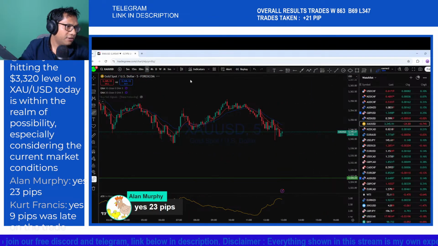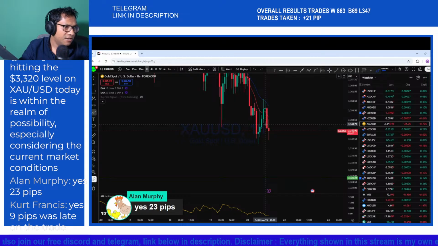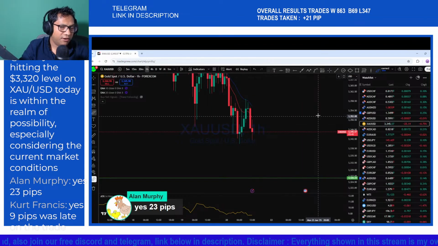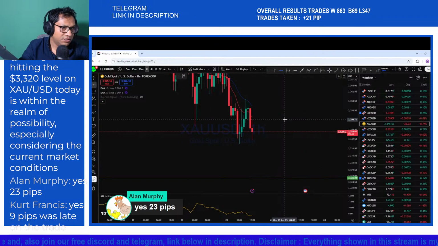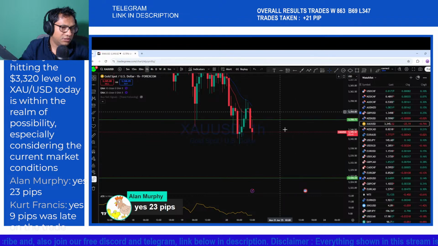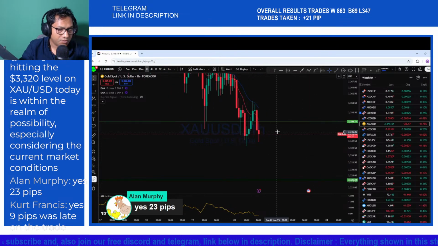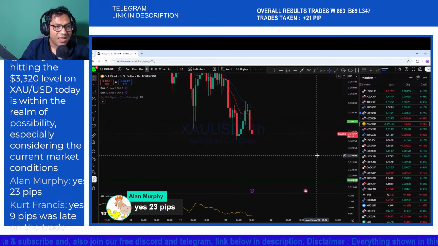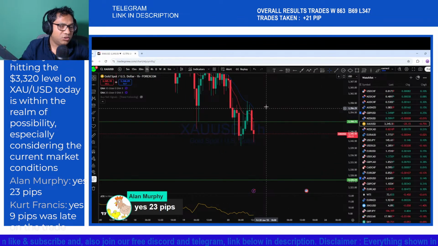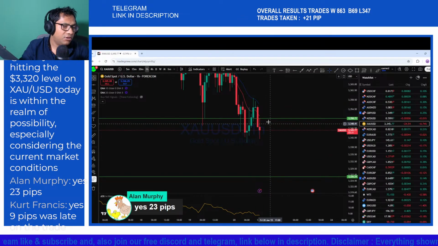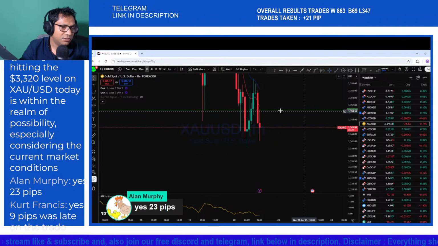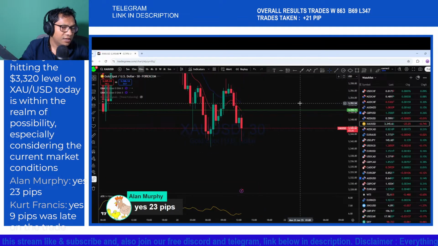Okay, so if you look at this, you can see that this is the 1 hour chart where there is 1 hour resistance, and it's a 1 hour bearish move that you can see, and that's where, if you look at that, you can see this is a bearish price action here in that area.